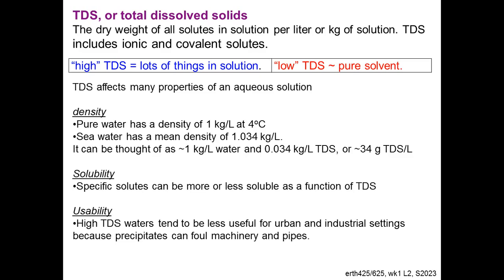It also, having salt dissolved in water, affects the solubility of things. Maybe some sparingly soluble chemicals don't like to dissolve very much in the presence of chlorine, chloride ion. For instance, silver chloride is a solid that comes out very copiously when there's just a little bit of chloride around.